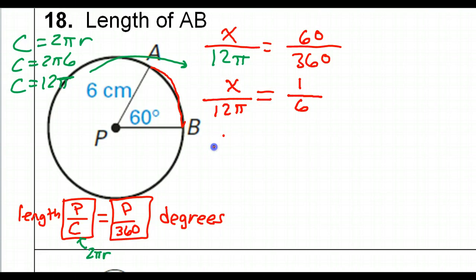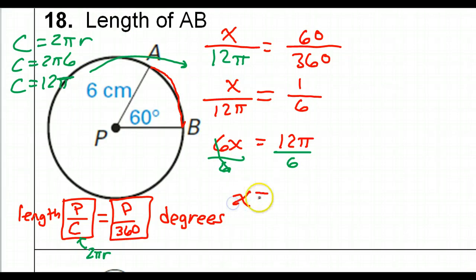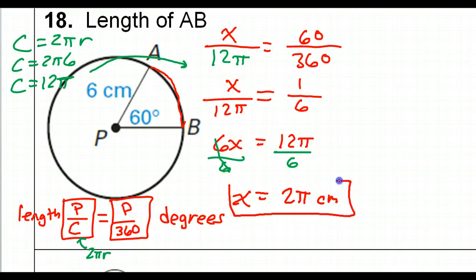If we cross multiply, we're going to get 6x equals 12 pi. If we divide both sides by 6, that is going to give us x is equal to 2 pi. 2 pi centimeters. So that is our exact answer.